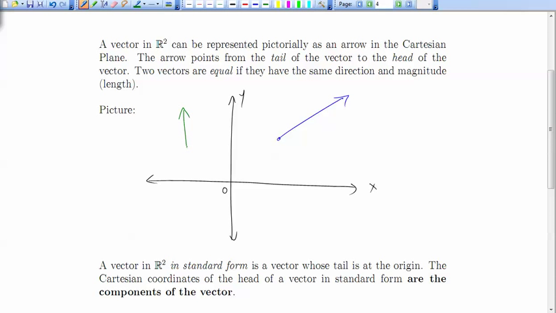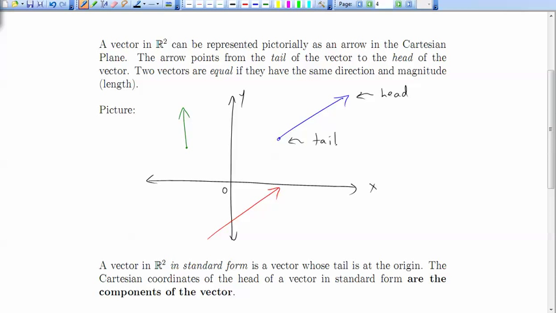We draw them with these little arrows. I'll draw another, maybe a third vector here. Okay, so we have three vectors there. Now, we call the pointy part the head, and the back end we call the tail.